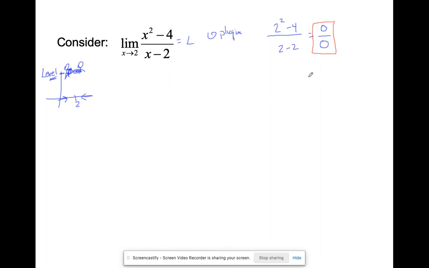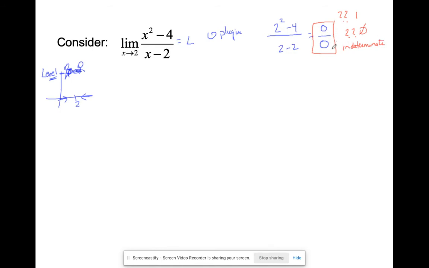Well, because if I think about one rule I learned, anything over itself is supposed to be 1. That's one rule I learned in math. So is this 1? Another rule I learned in math was you can't divide anything by 0. So is this undefined? I don't know. It's indeterminate. It depends upon how I got here.